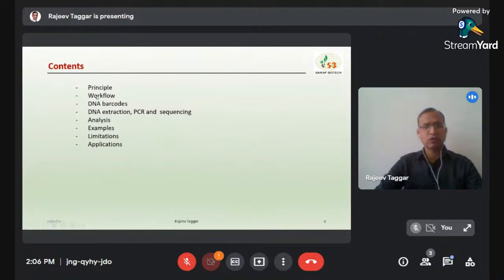For the talk today, the slide plan is going to be like this. We'll start with the principle of DNA barcoding, then the workflow and all the steps of DNA barcoding.